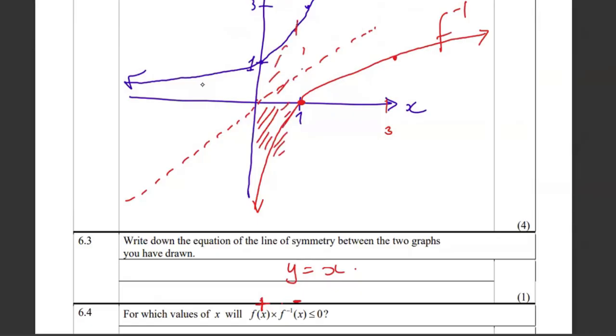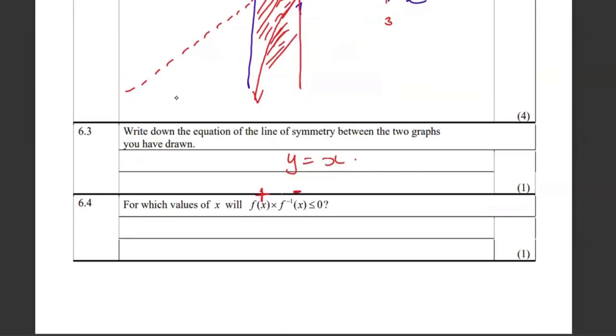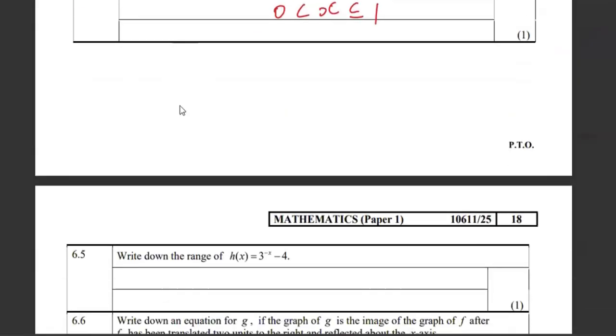Okay, if I'm to draw my line, it's just this section here. One is below, the other one is above. So between 0 and 1. So my solution in that case would have been 0 less than x less or equal to 1. I don't want to put the equal sign because 0 is an asymptote to the other graph.